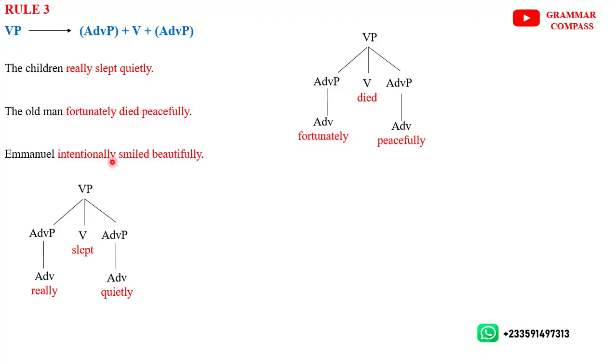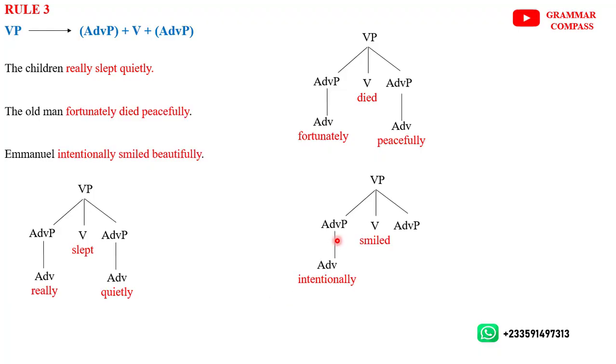The verb phrase here is going to give us this tree. That is the verb phrase consisting of an adverb phrase, that is intentionally, and then our main verb, that is our head word, smiled, and another adverb phrase. These are the three major constituents. Within this adverb phrase, we can see that it consists of only one word adverb.